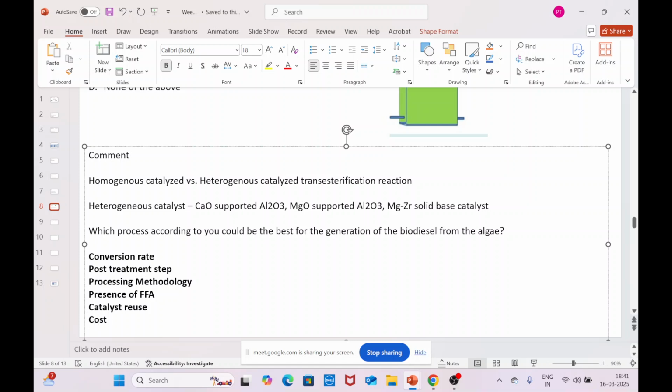So, discussing with respect to these parameters, conversion rate is high for homogeneous compared to heterogeneous, right? Heterogeneous has moderate conversions.